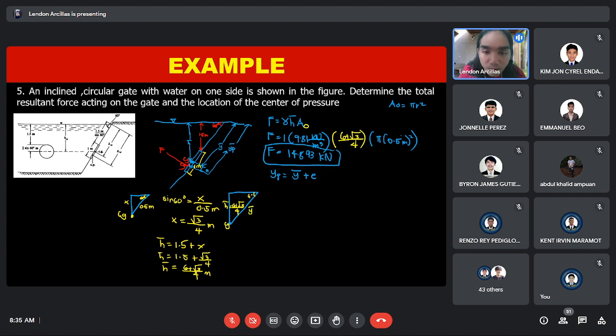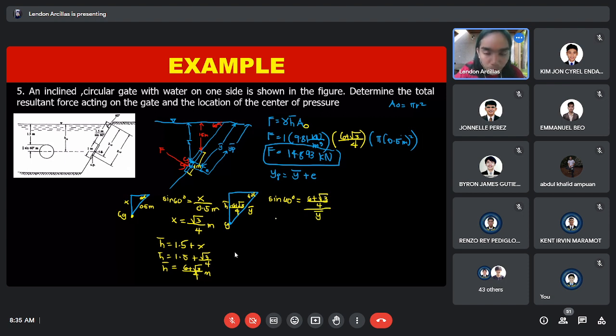Okay, this is 60 ulit. So, kinuha natin yung triangle na h bar. And then yung y bar ang ating unknown plus sine 60. So, this is sine 60. Opposite is h bar, which is 6 plus 3 over 4 square root of 3 over the hypotenuse na y bar.